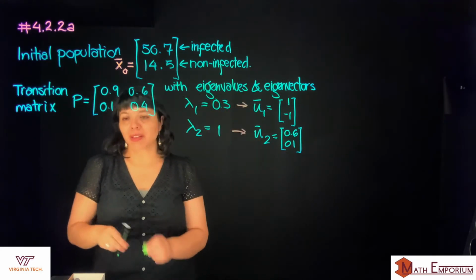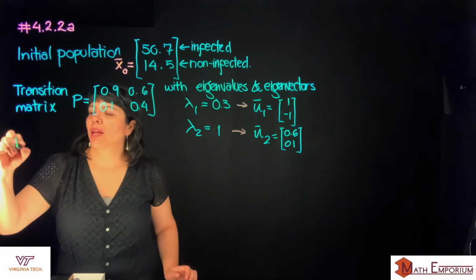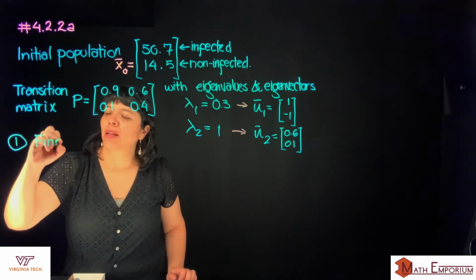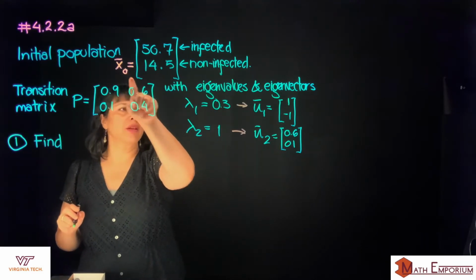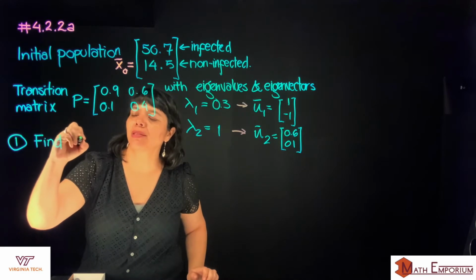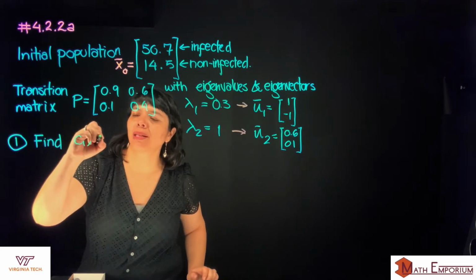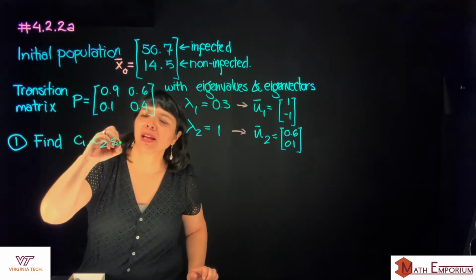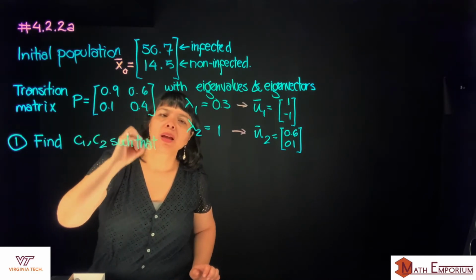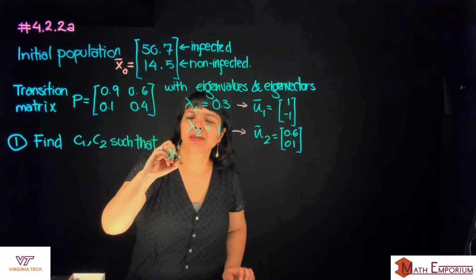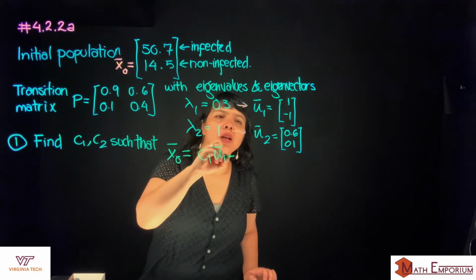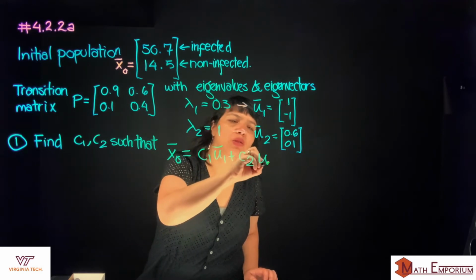Okay, so the first thing that we want to do is find a way of writing x naught in terms of u1 and u2. So you want to find two constants, we're going to call them c1 and c2, such that x naught equals c1 times u1 plus c2 times u2.